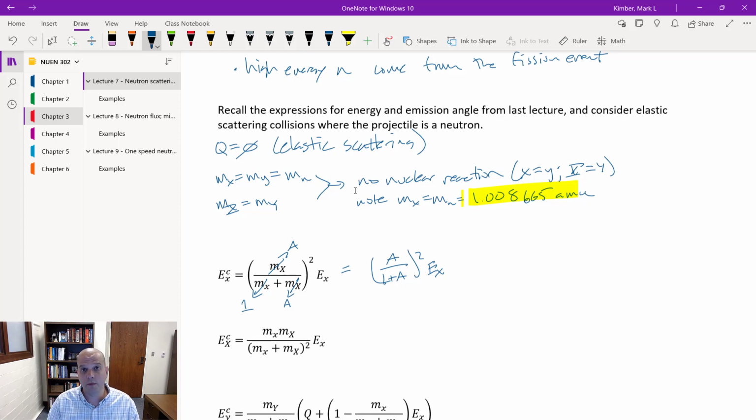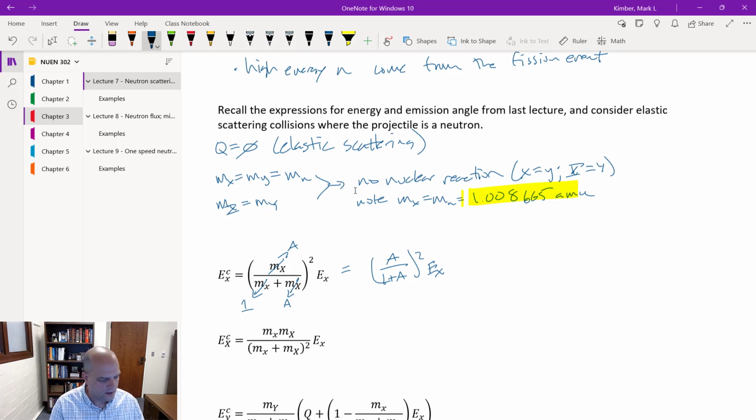But in this case, we're taking ratios, we're adding them together, and this isn't as sensitive to all those digits of precision. And more importantly, we get I wouldn't even say a rough estimate, but a very good estimate of the ability that different targets have to perform that moderation, to slow down the neutron by looking at different targets of different mass numbers.